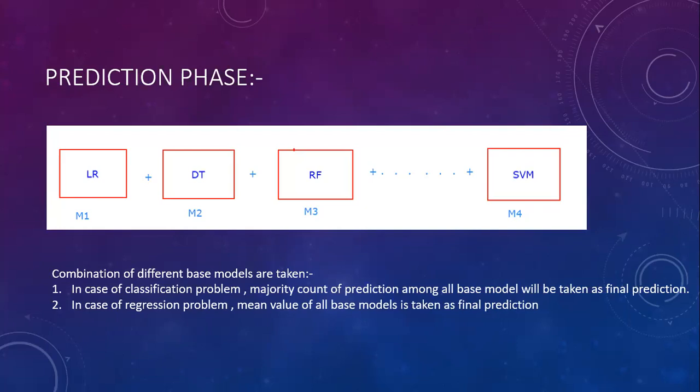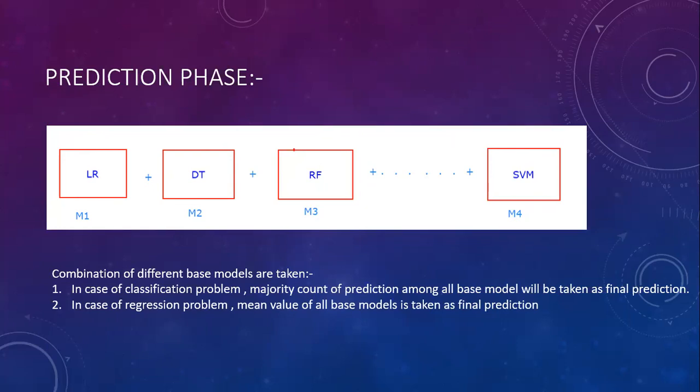Majority here is one, so the final prediction will be one. In case of a regression problem, all these models will give an output as a number. We collect all five numbers and calculate the mean. That mean will be taken as the final prediction.